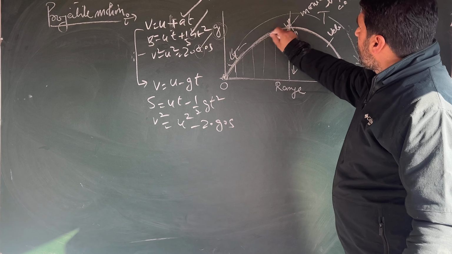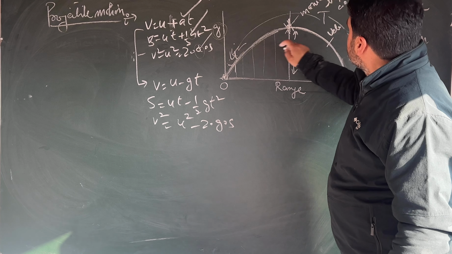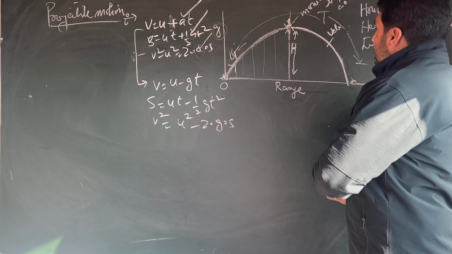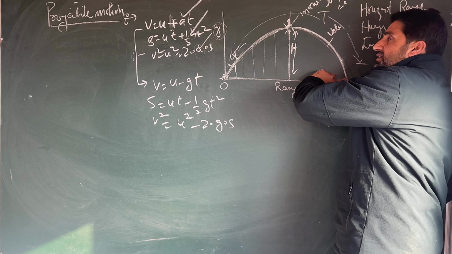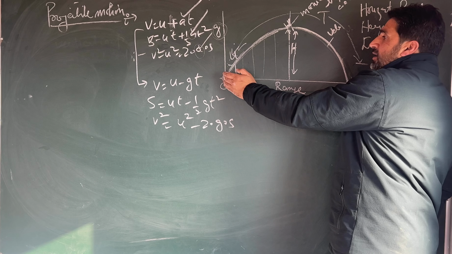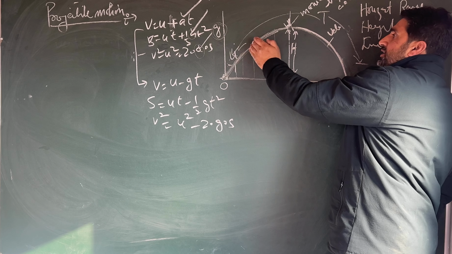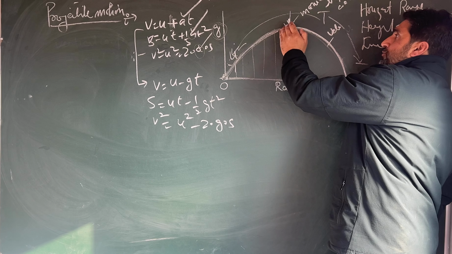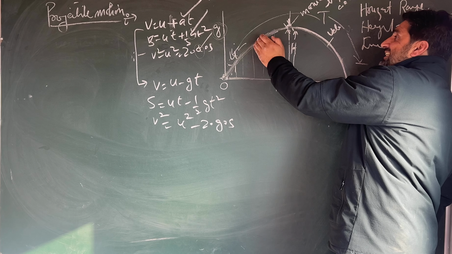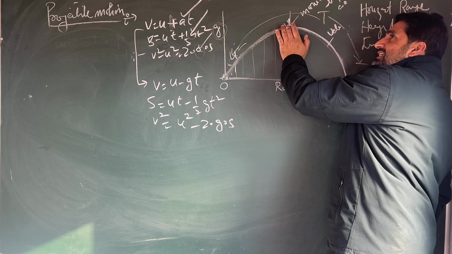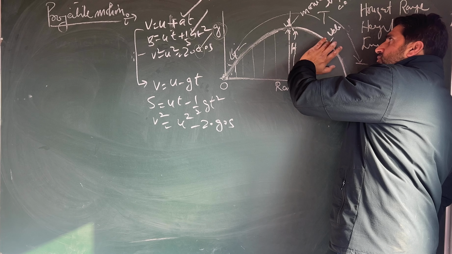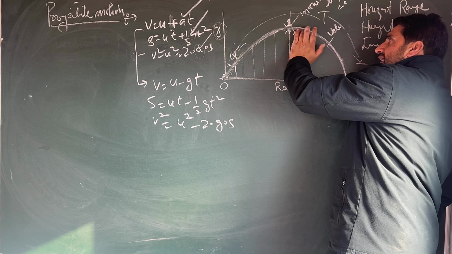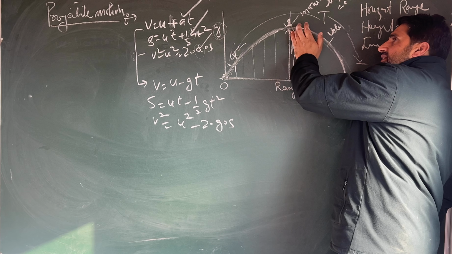Here the velocity decreases up to this point, then reaches a minimum value, then velocity increases again. When you throw an object upwards and it reaches the maximum height, its velocity decreases. At the maximum point, its velocity is minimum, then it starts coming down under the influence of gravity, acceleration due to gravity g brings it back, and your velocity also increases again.